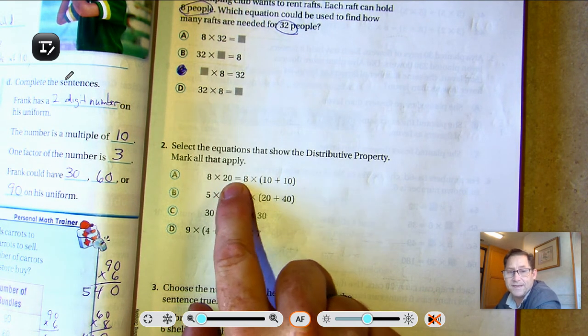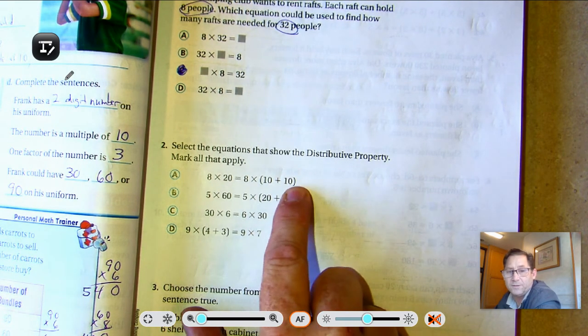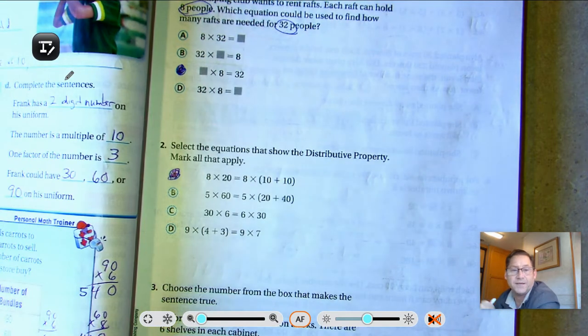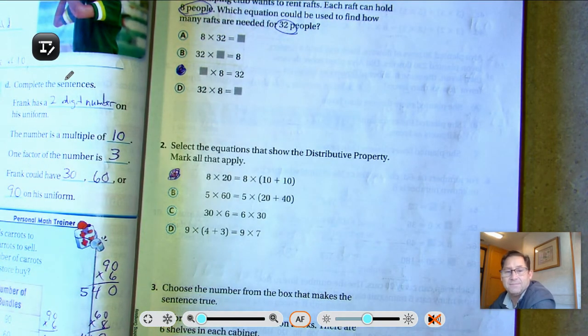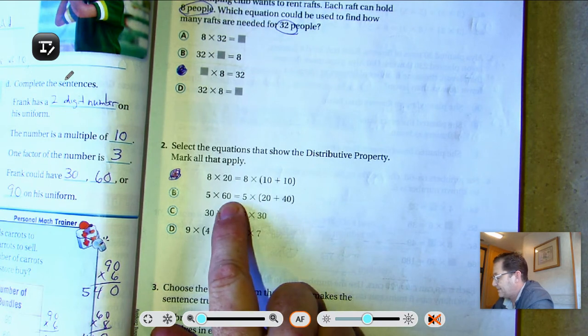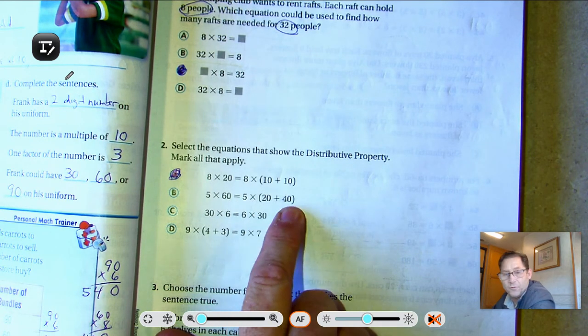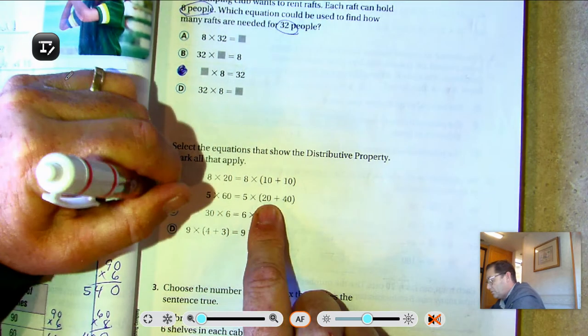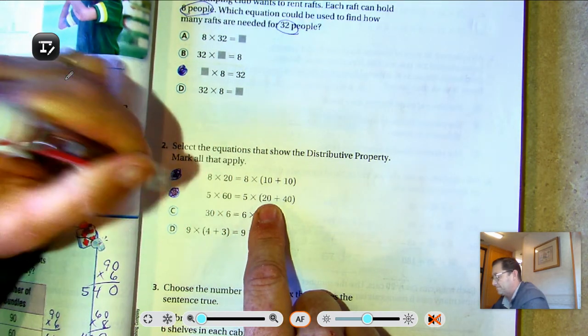So they took the 20 and they broke it up into 2 smaller factors. So A does show the distributive property. 5 times 60. They didn't do anything with the 5, but the 60 has been broken into 20 plus 40. 20 plus 40 is 60.